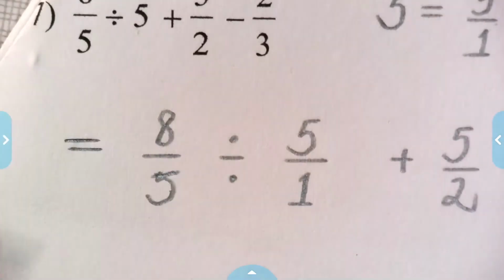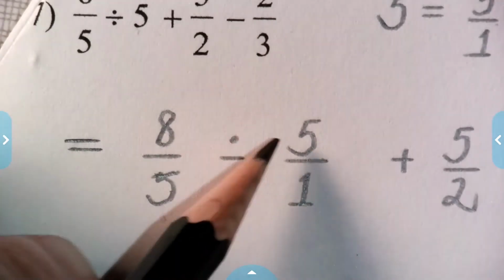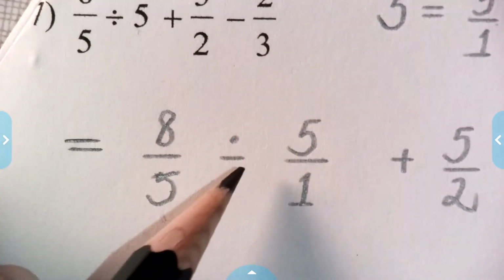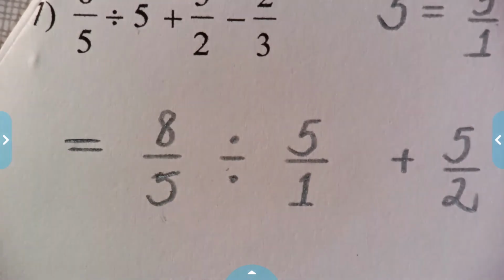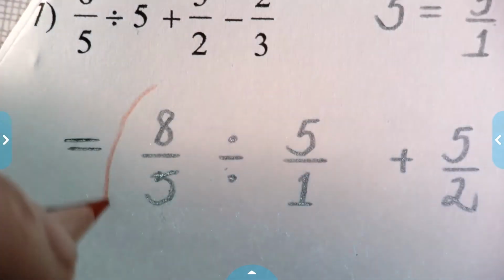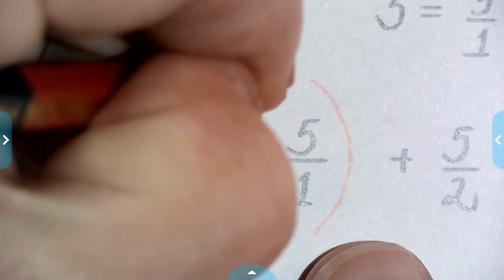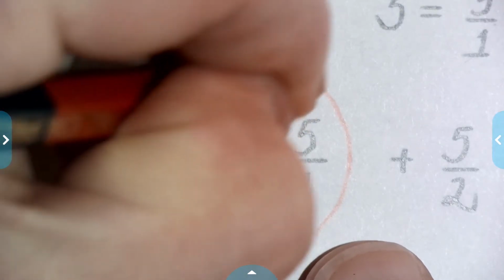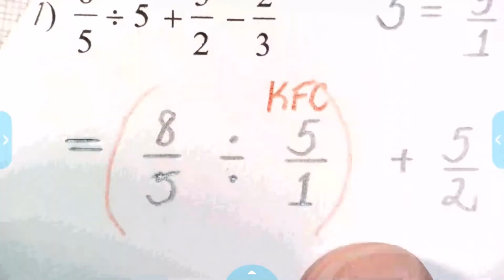All right, so first, because of please excuse my dear, so dear for division, we're gonna deal with this division first, and we are gonna use KFC to do this.